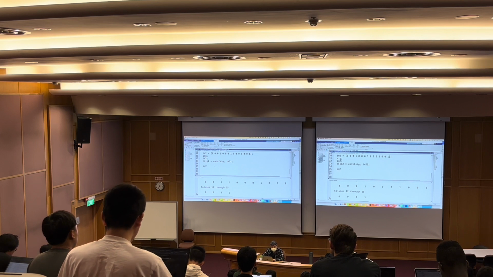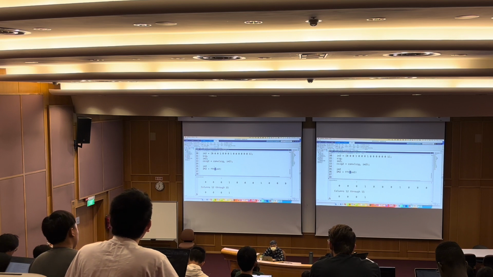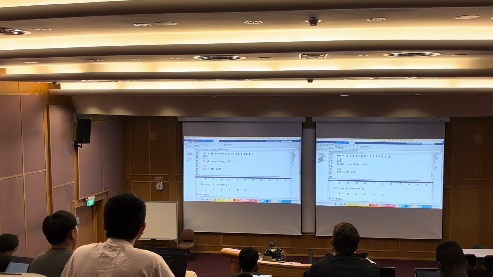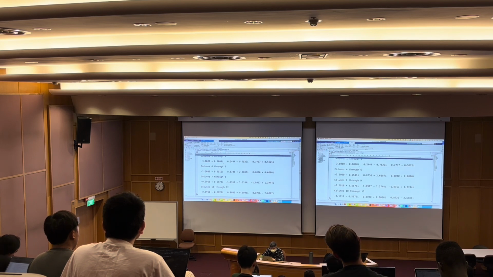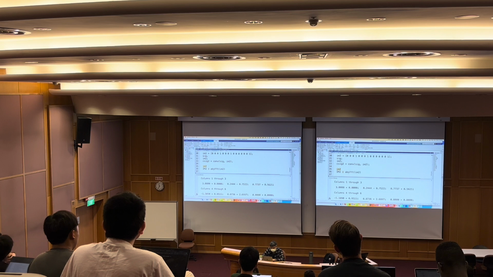Now, my IM2 is the FFT of IM2, and then I want to display it. It's complex numbers with phase, but let me show you the magnitude.